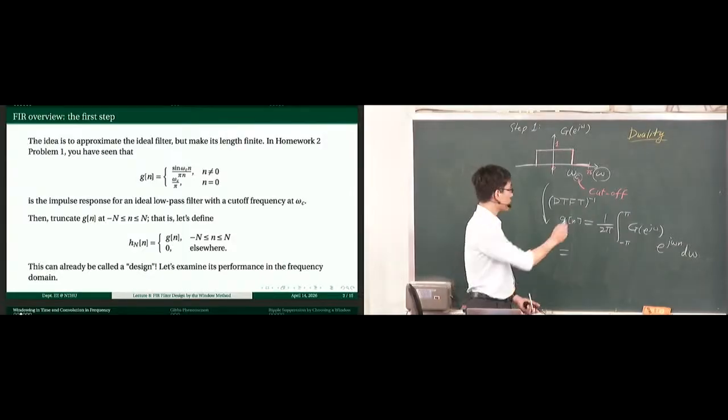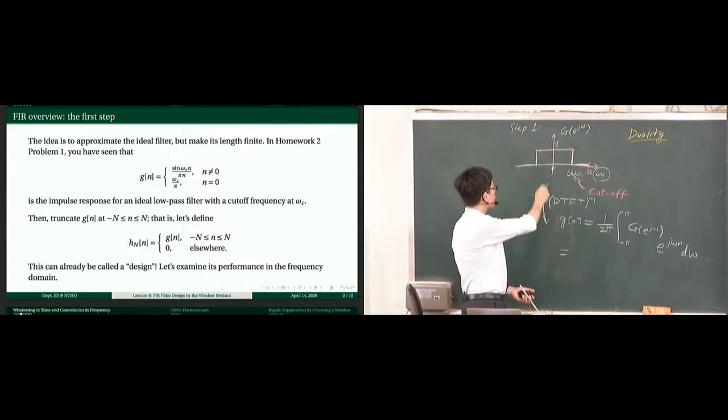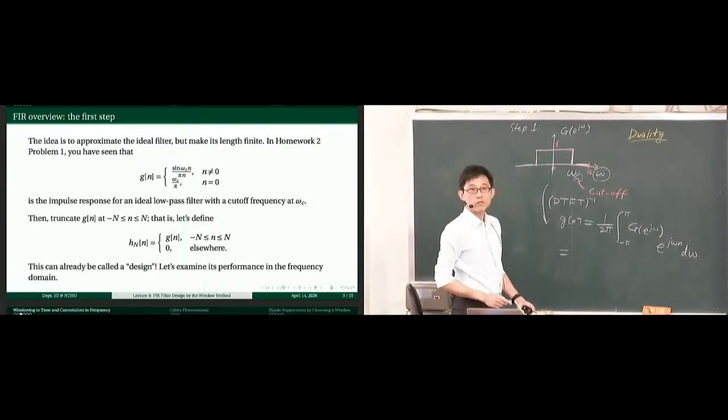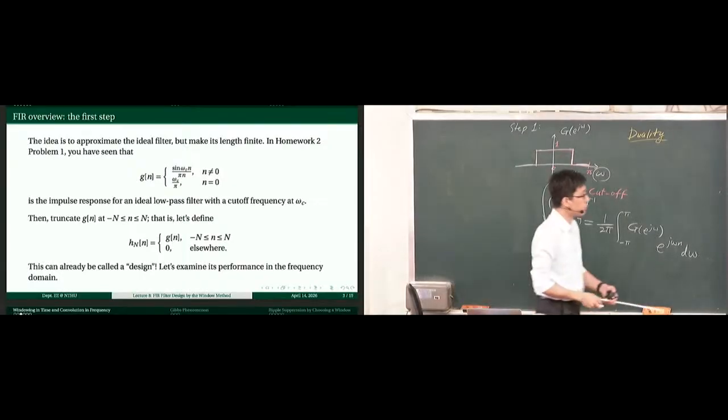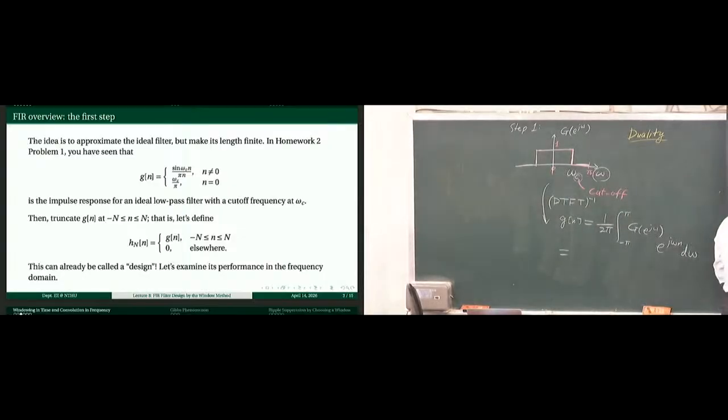I'll skip the derivation, which should be pretty straightforward; we have seen a very similar derivation in another context, and the end result is written right here. We get a very familiar expression of a sinc function. Of course, at n equals 0, this expression is not well defined.